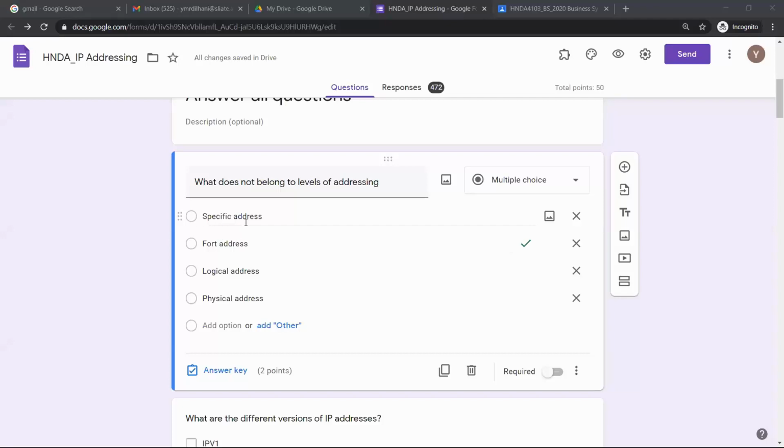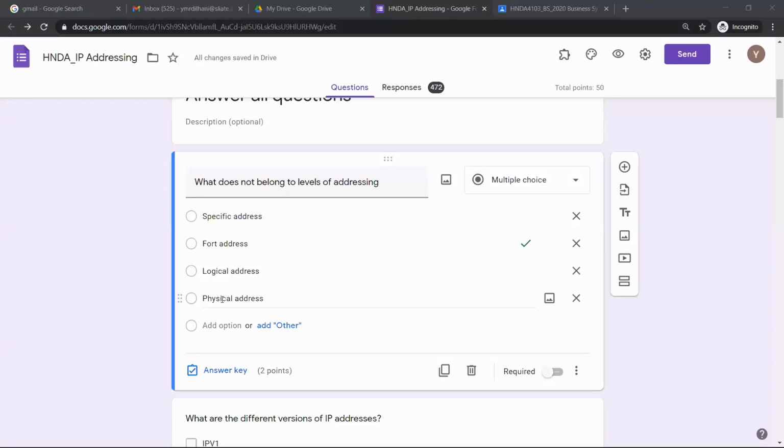This first answer shows specific address. That means within the computer, we need addresses to store data. And there is something called physical addresses. I think you remember when we were discussing NIC, network interface cards.